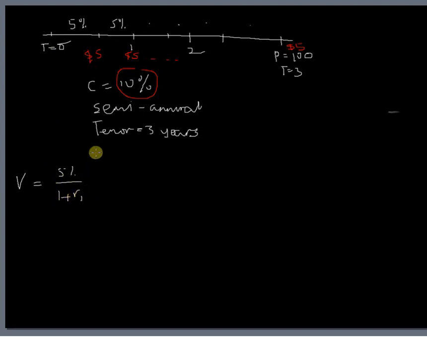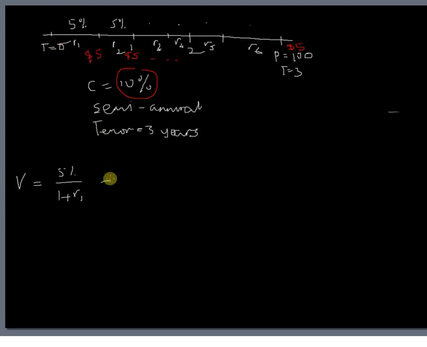I'm assuming R1 is the interest rate in the first period. Let me give them some names: R2, R3, R4, R5, R6. So I'm discounting this coupon back to t equals 0.